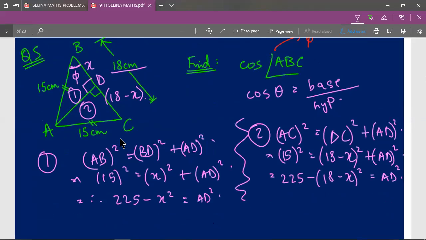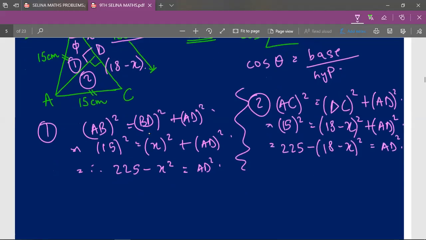Then BD whole square is the base. Our base is x. So BD whole square is equal to x whole square plus AD whole square, the perpendicular. For short form, I'll assume it as P. P is not given to us, so I'll assume it as AD whole square. Then finally, it leads to the final formula that 15 whole square, that is 225, is equal to x square plus AD whole square.